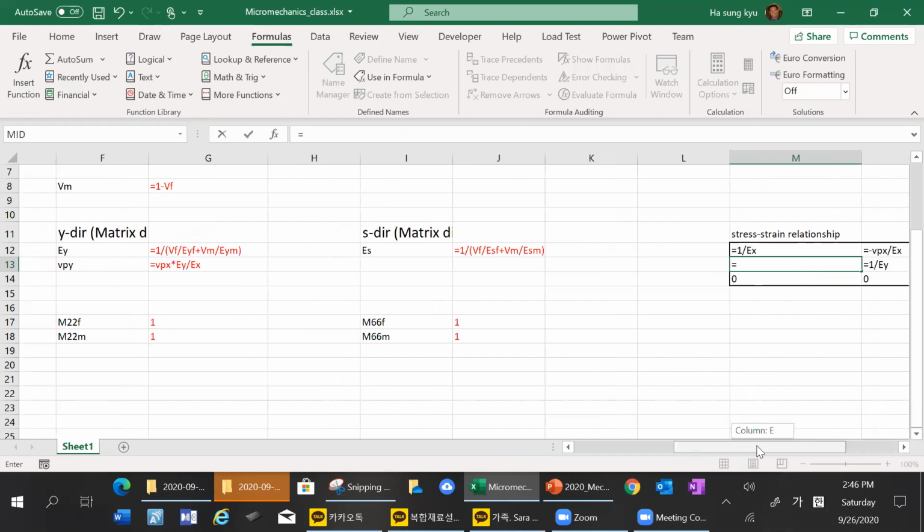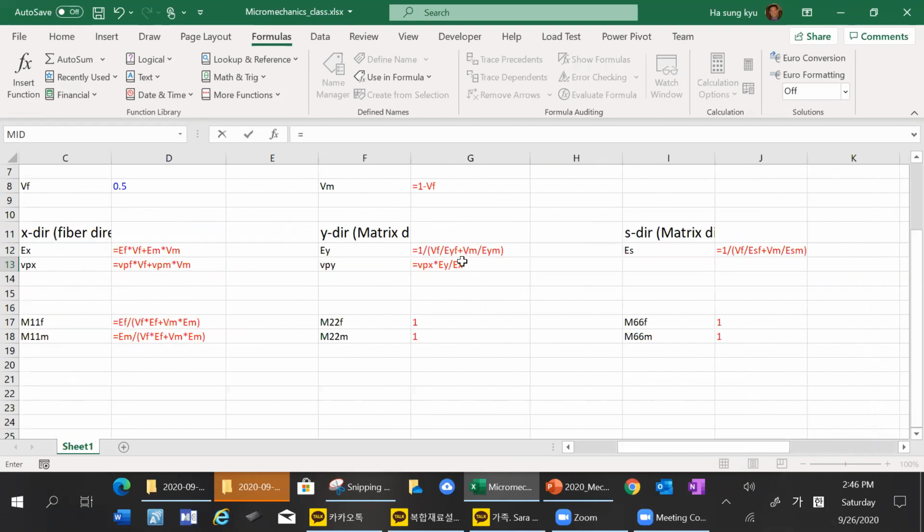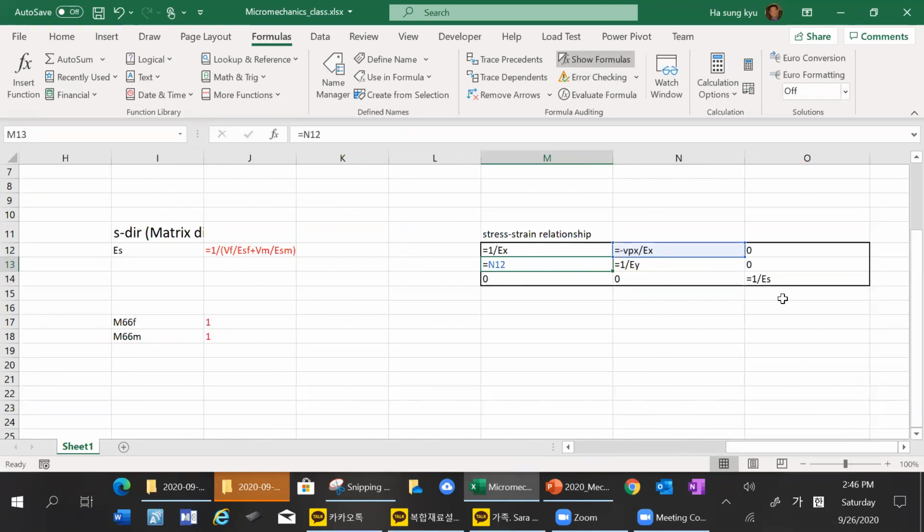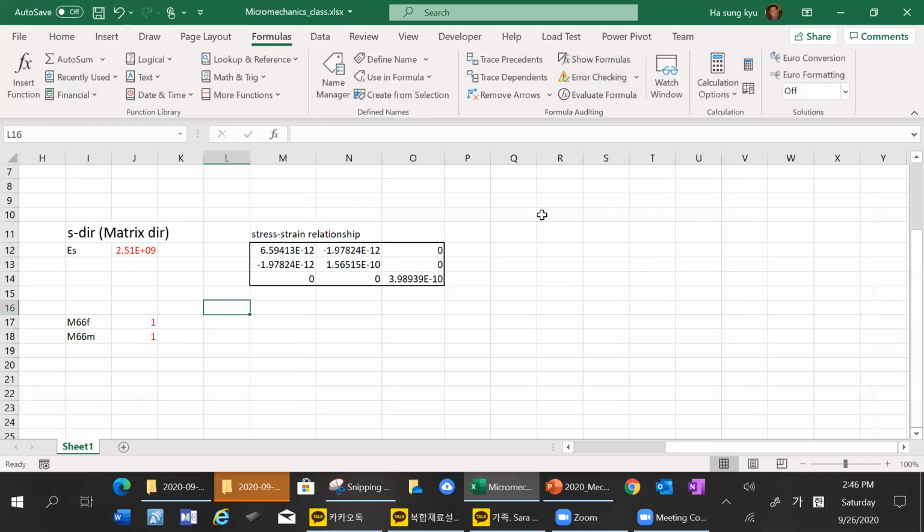Okay, so this is the constitutive relation. What it does is that when we have stresses in UD, we can calculate the strain directly from these equations.